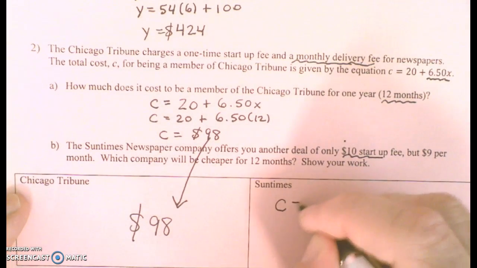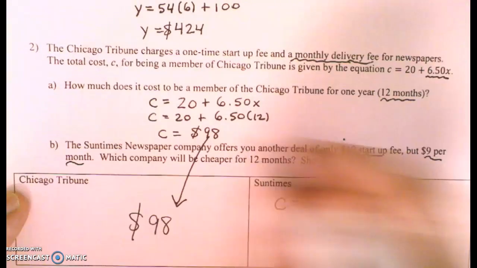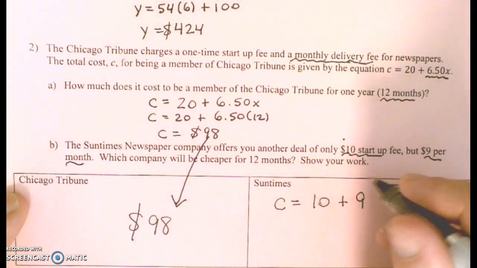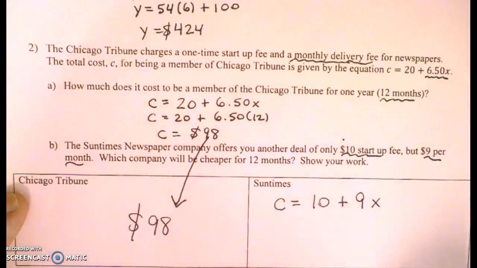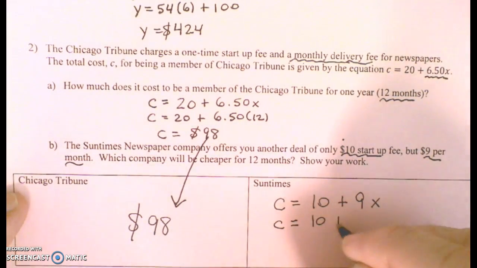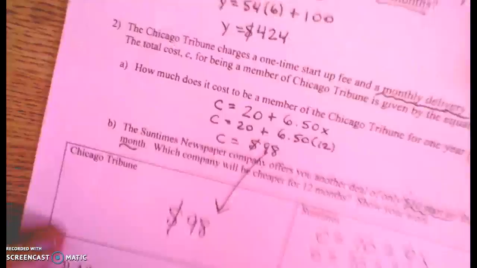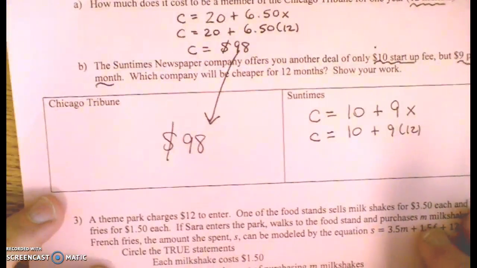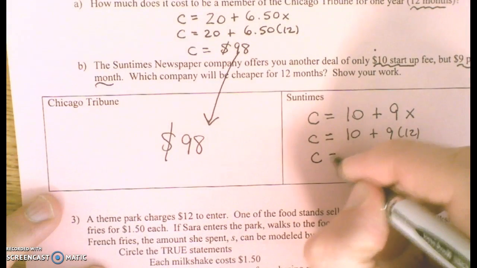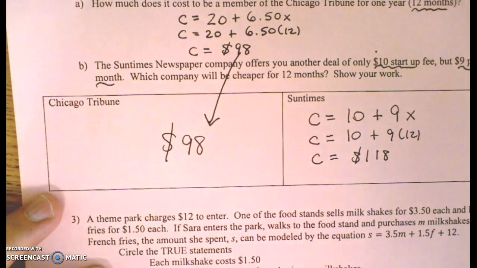So the cost is $10 plus, how much are they charging per month? 9x. We use x for month. And so now if we plug in the 12, because we're looking at it for 12 months, and do our math, we'll get $118. So who offers the better deal? The Tribune is cheaper.